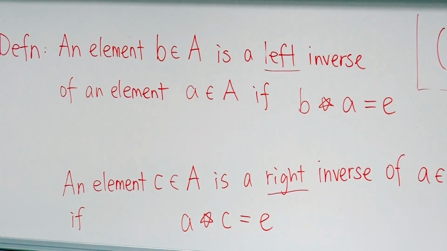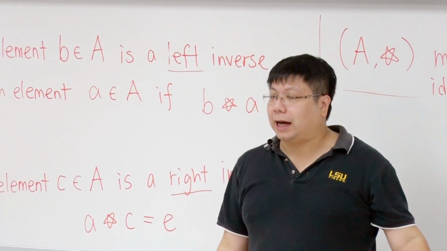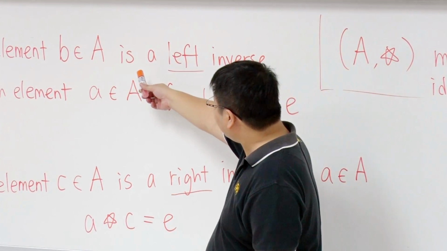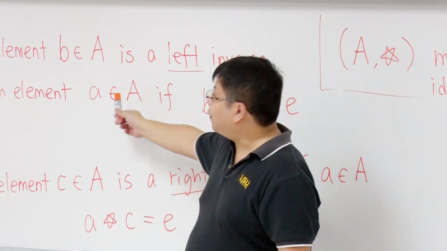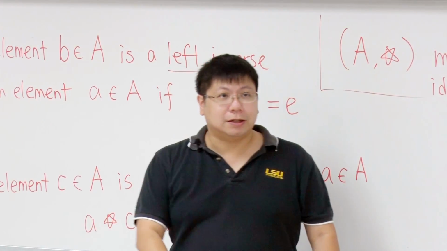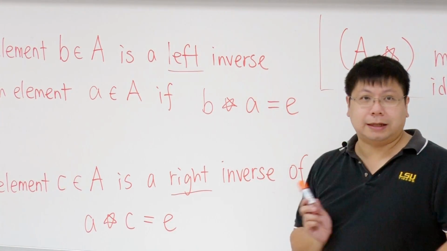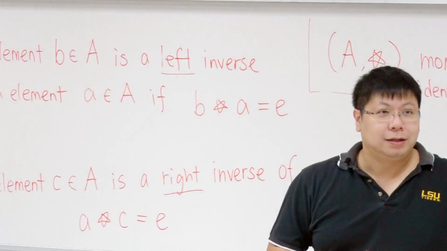We are going to define what is meant by inverse. Inverse is something that maps you back to the identity. If we focus on the element A, and it happens that there is some element B such that B star A is equal to the identity E, then we call B the left inverse.